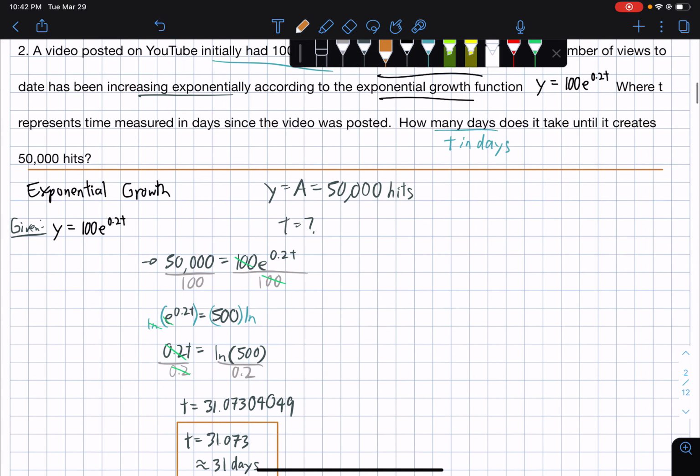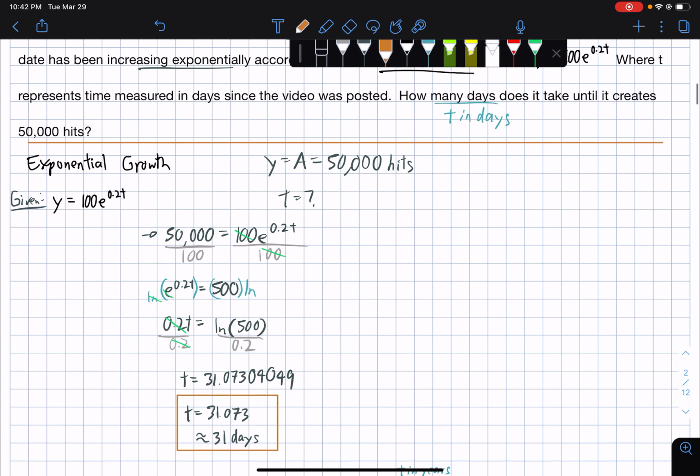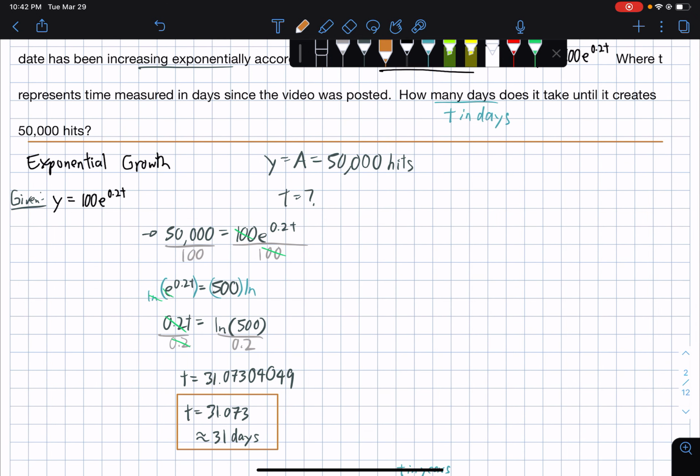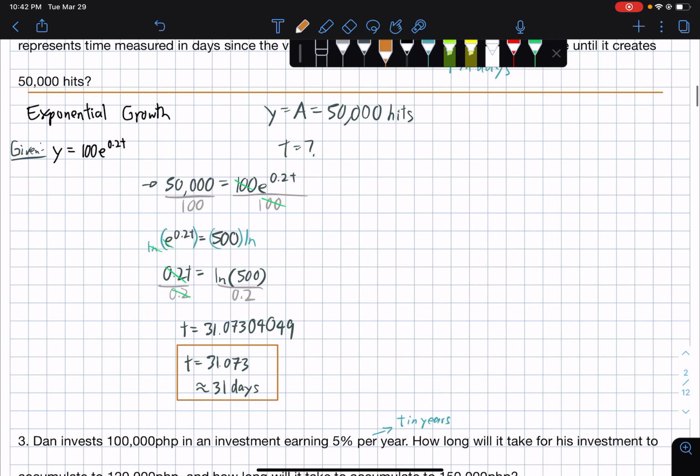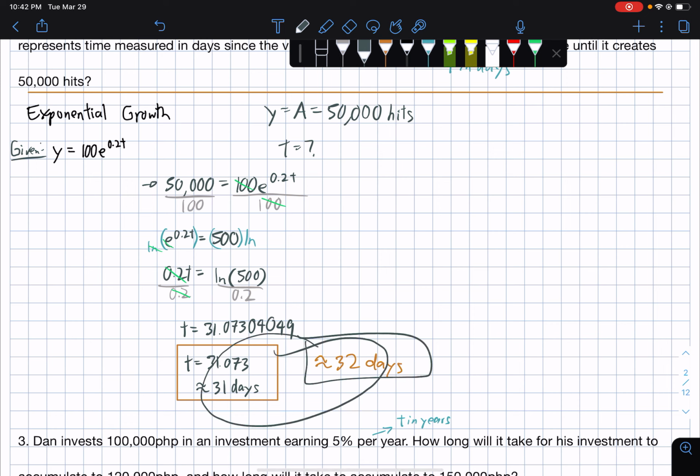So it takes 31 days to create 50,000 hits. Some answers would state that it would take approximately 32 days. I'm not sure, but it's still the same decimal value. So yeah, any of these answers could be correct.